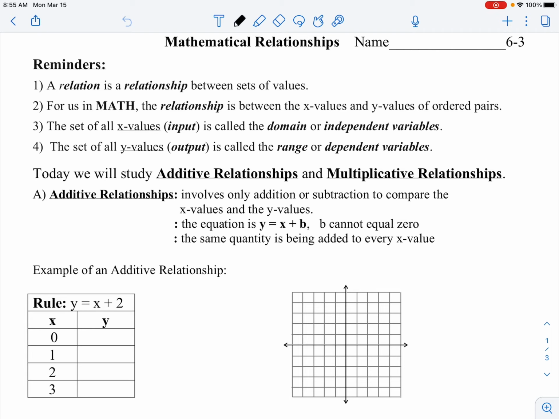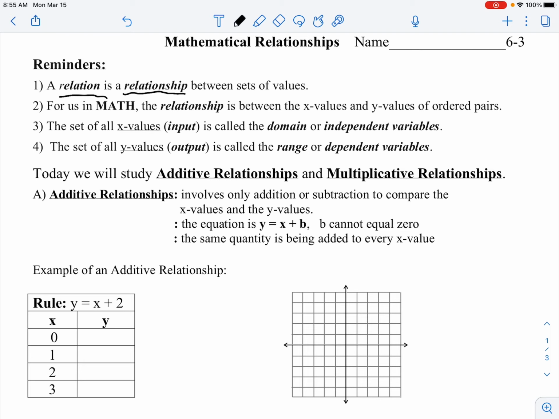We're just going to be going over some mathematical relationships again, a little extension of what we did on Friday last week. So let's just dive right into it. A couple of reminders. A relation is a relationship between two sets of values. It basically makes a value from one set correspond to a different value from another set, or it could be the same value, but a value in another set.